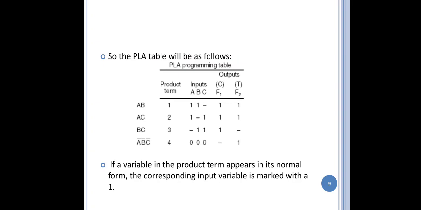So the product term A bar B bar C bar is not there in F1. And for F2 we have AB, AC and A bar B bar C bar. Corresponding to these product terms, put 1. For BC, no connection. This is the PLA programming table.